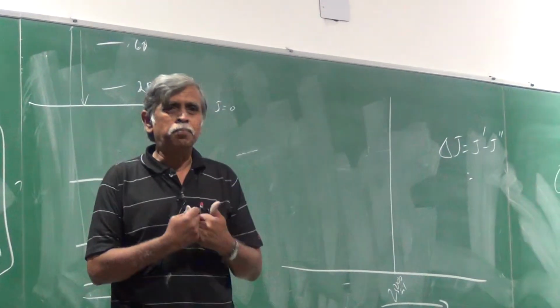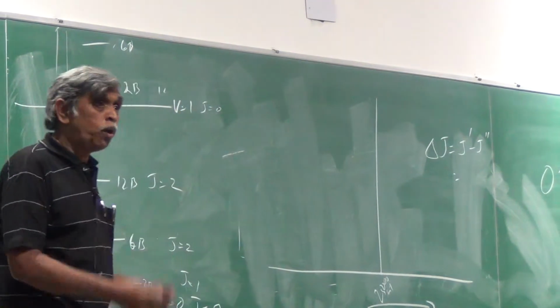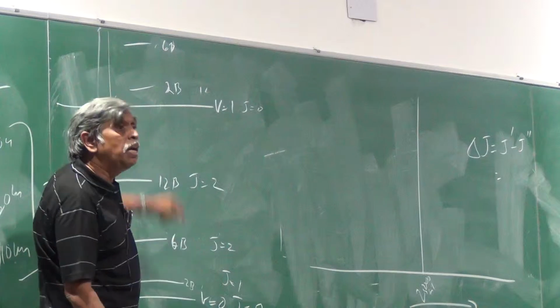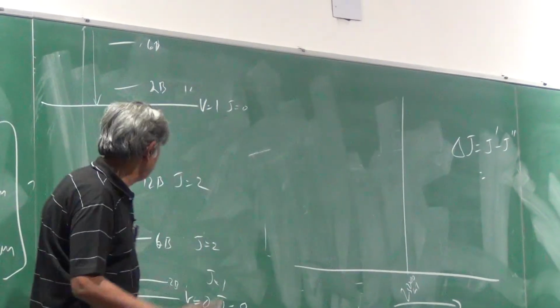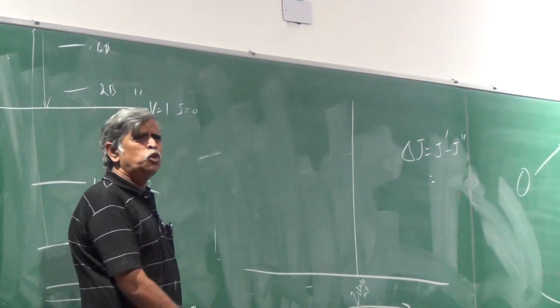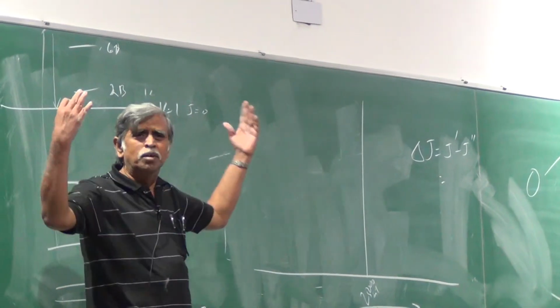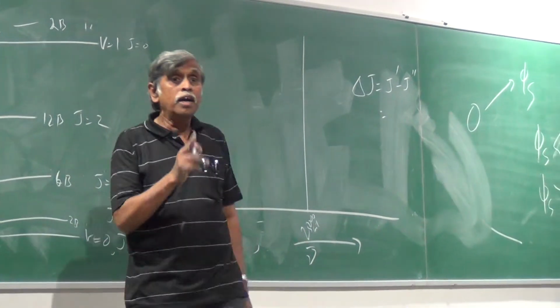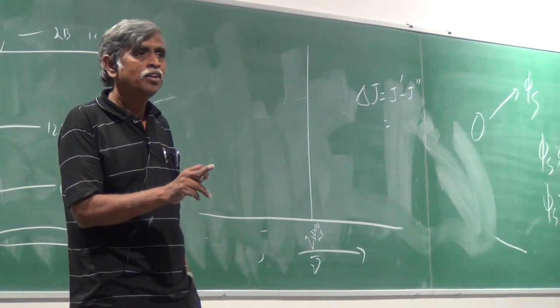But where will it show up? It's going to show up at 25,000 wave numbers, which is my exciting frequency, minus this difference between the two levels. And let's assume that difference is 1,000 wave numbers or 2,000 wave numbers. Higher frequency or lower frequency?